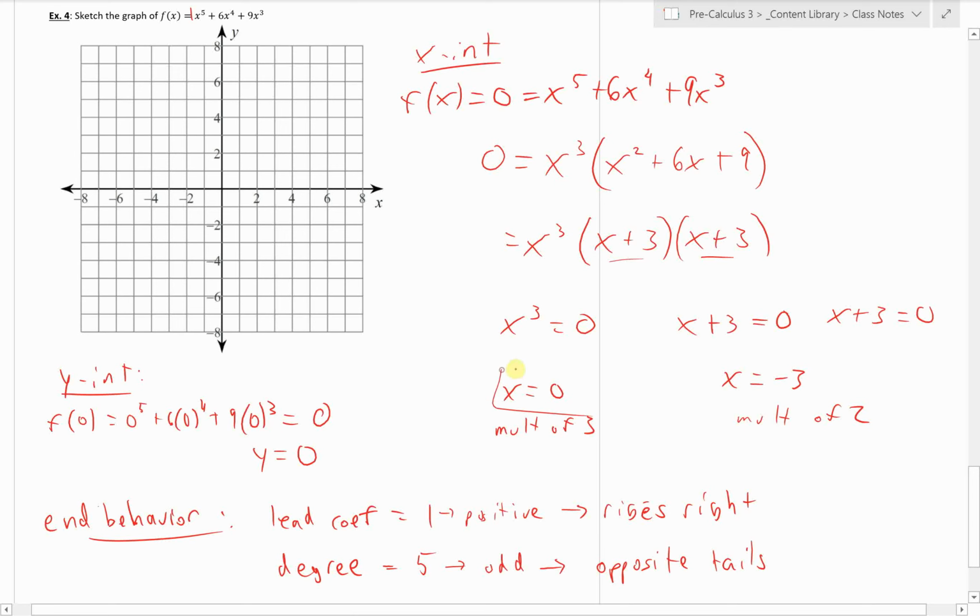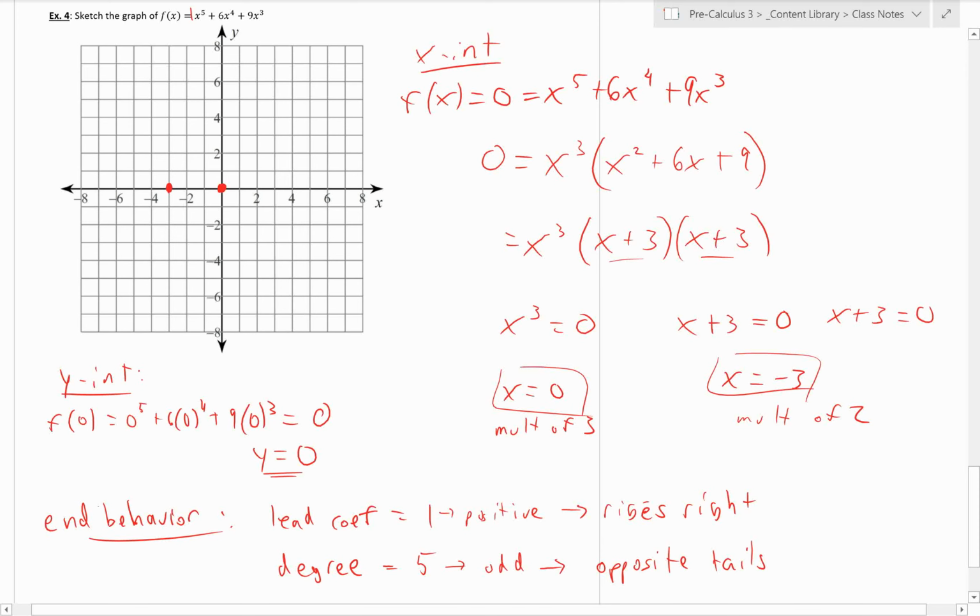Let's graph the points that we know. We've got x equals 0 and x equals negative 3. Those are 2 points that we know. So at x equals 0, which is also our y-intercept being fulfilled there, and then at x equals negative 3, there are our intercepts. Those are the only 2 points that we can actually know for sure.